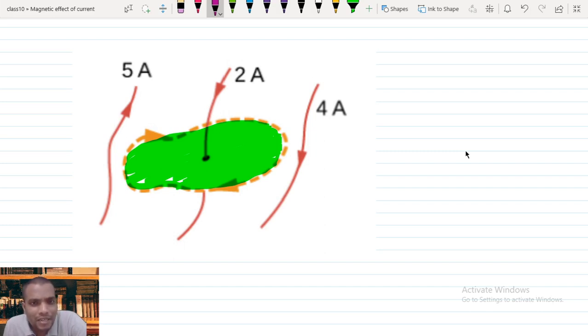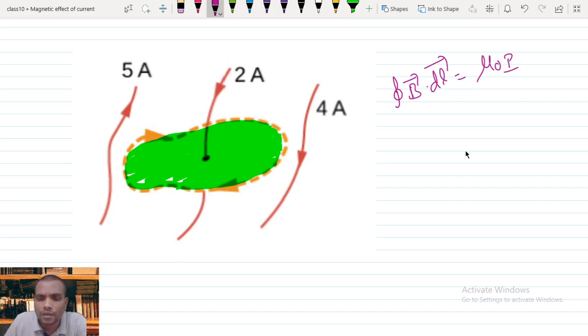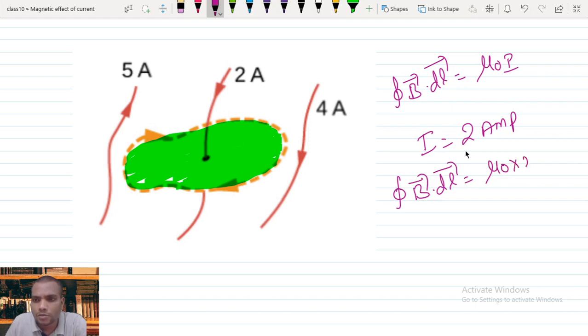Now what is the magnetic field due to this current carrying conductor? We can apply the same formula, closed integral of B bar dot dl equals mu naught I. Here the current I is just 2 amp. So the closed integral of B bar dot dl equals mu naught times 2, which is 4 pi times 10 power minus 7 times 2, giving 8 pi times 10 power minus 7.